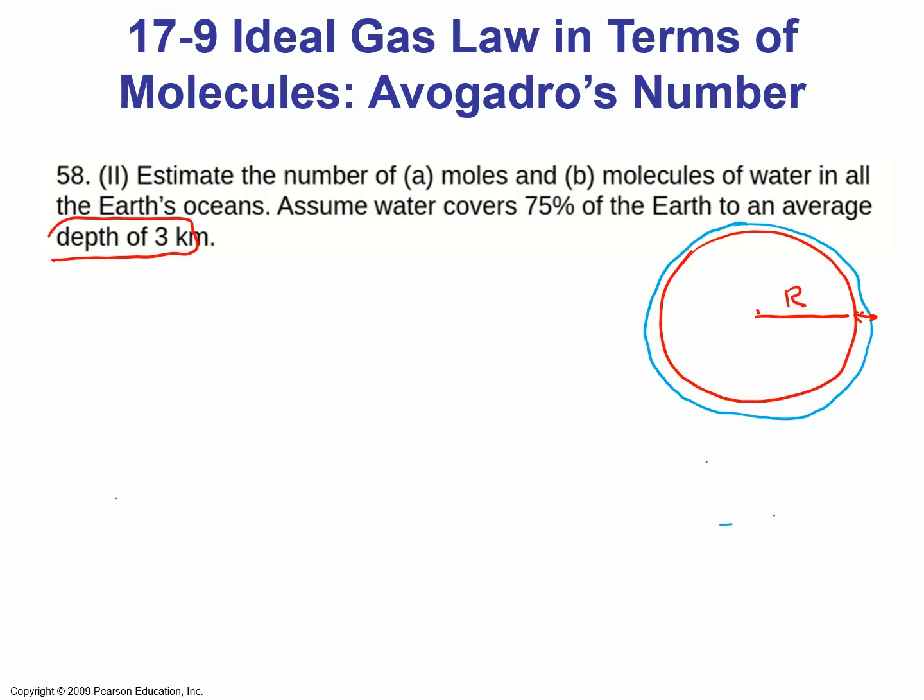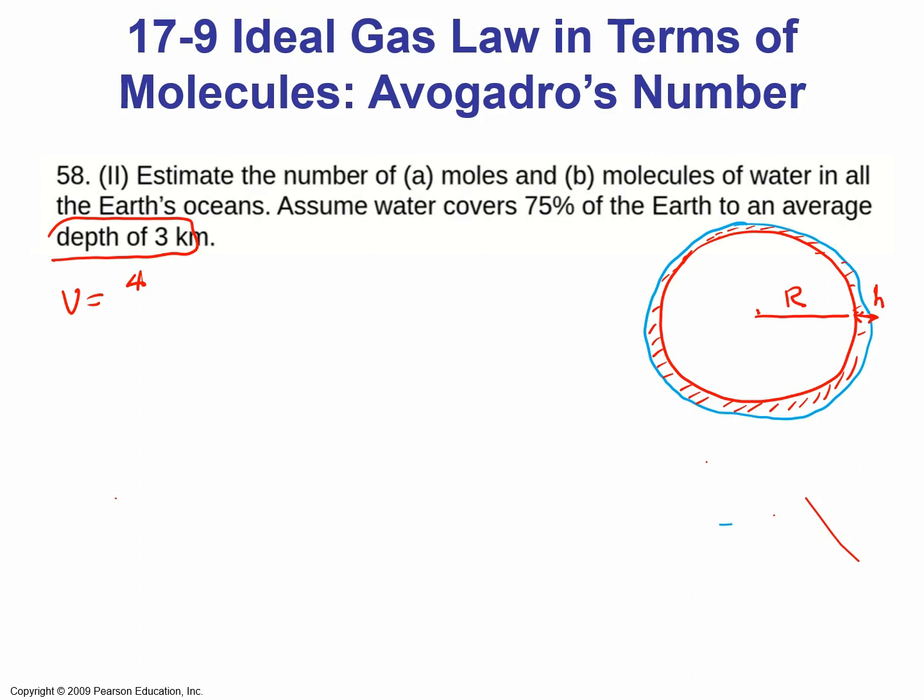So we can say, the volume of this area here, which is the volume of water around the Earth, basically the water in the oceans, is the surface of the sphere of the Earth multiplied by the average depth, that we call H here.